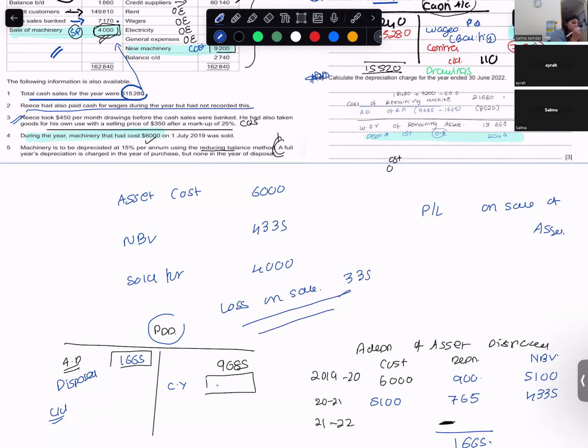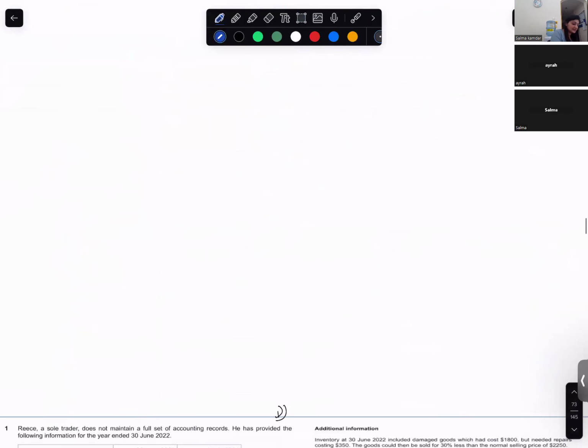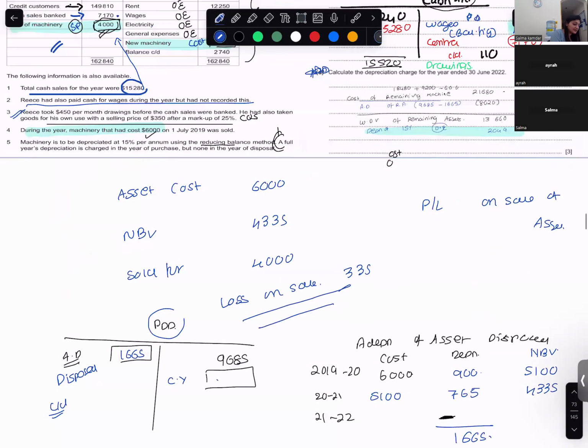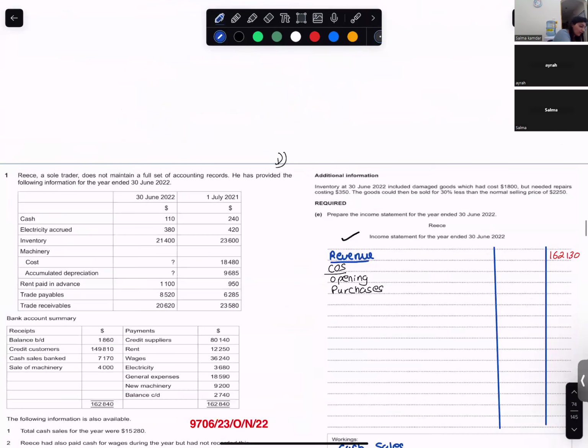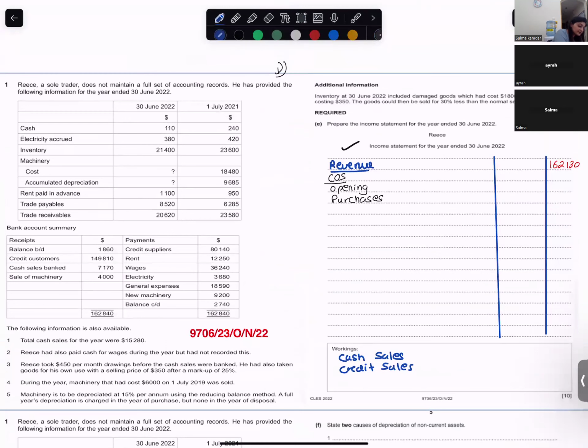So there are two things related to the asset that have to come in your income statement: the loss on sale and the depreciation. So I will write loss on sale. You use the word sale or disposal.